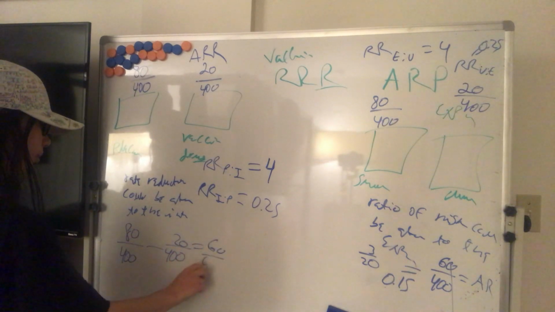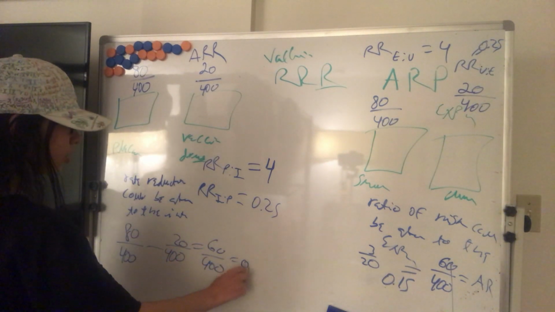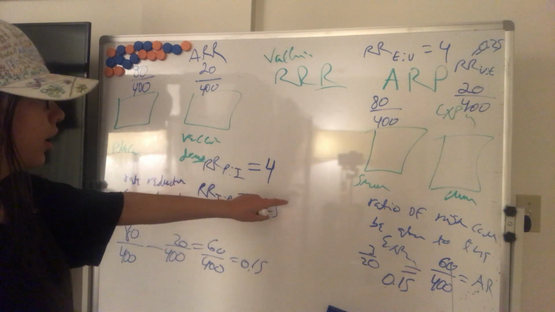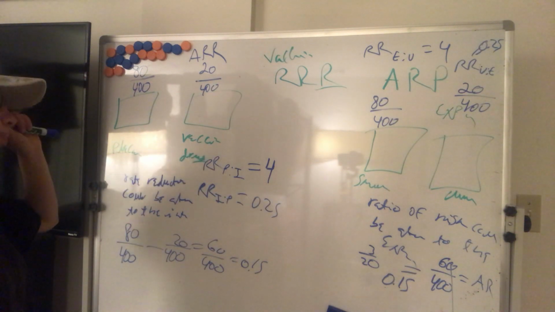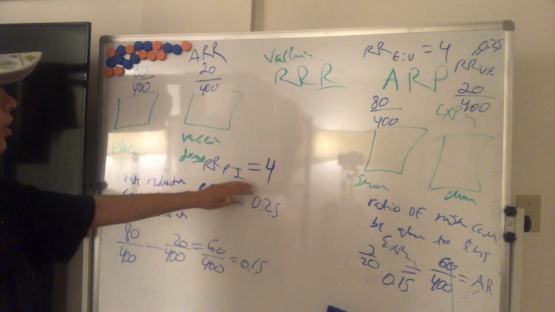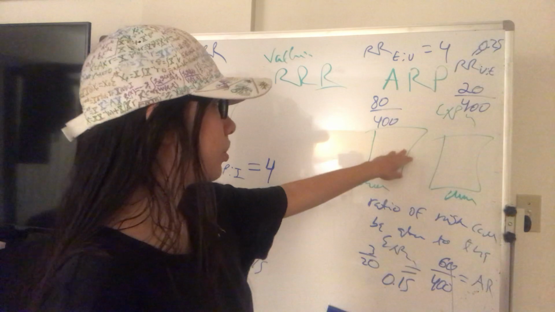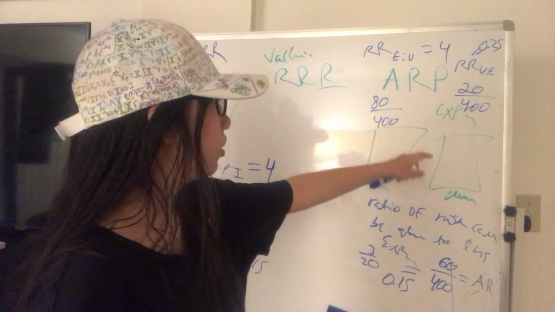So it's 60 divided by 400, the same, 0.15. So in both we're taking the larger rate and subtracting the smaller one.